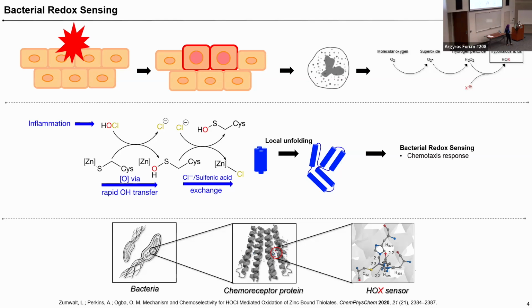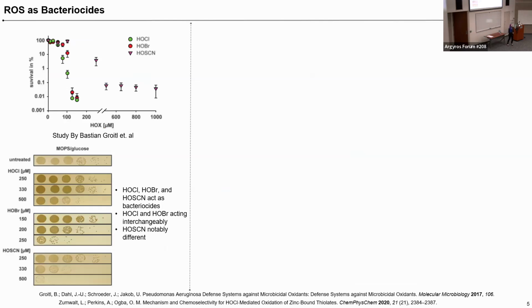In a study done by Bastian et al., bacteria were subjected to varying concentrations of these oxidants, HOCl, HOBr, and HOSCN. By measuring the population density, which is the graph down below, it was noticed that HOCl and HOBr interact almost interchangeably.